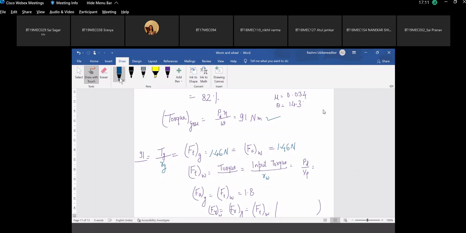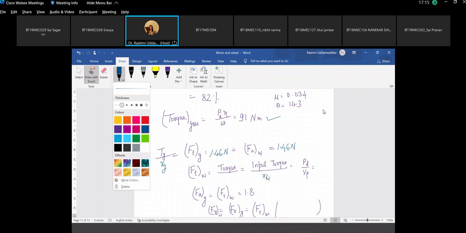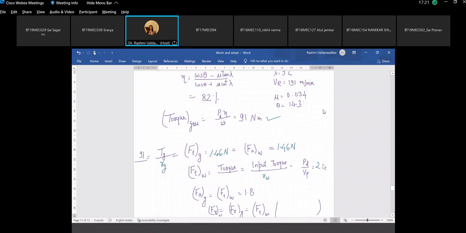So this Ft here was this input torque upon the radius of the worm. Radius of the worm is known. This came out to be around 299 newtons.